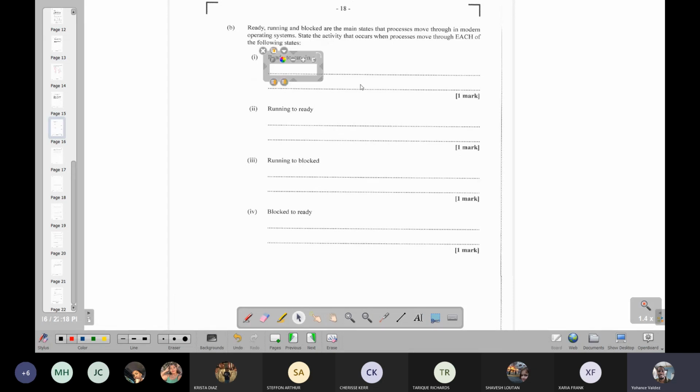It means that the process has all the resources needed to run, and it has been given access to the CPU.